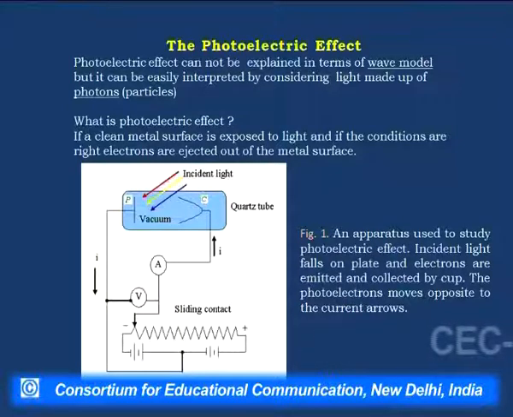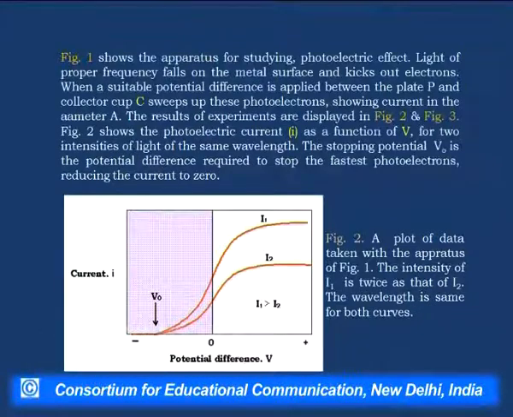So, sliding the contact towards the negative end reduces the current, and sliding this contact toward the positive end, the current starts flowing in the circuit. Now, we will see the result of this.